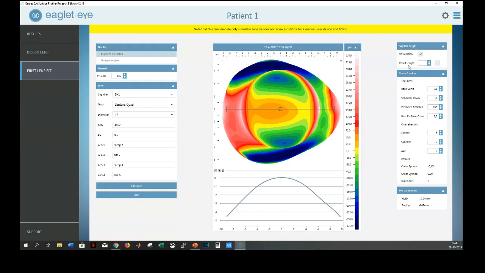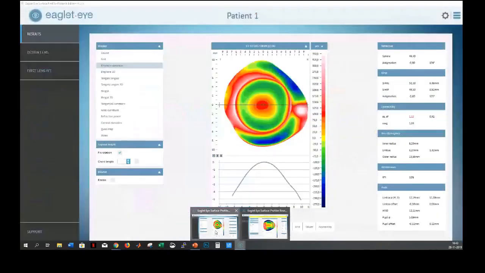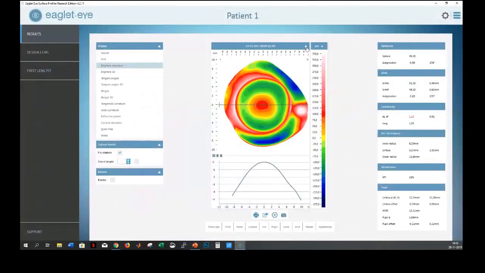I will switch to the last example. And this is the most complex example. I am in the biosphere elevation map, and beside of just predicting the best fitting lens with a spheric, toric, or quadrant specific landing zone design, you often need something more, especially when you're dealing with pingueculas.